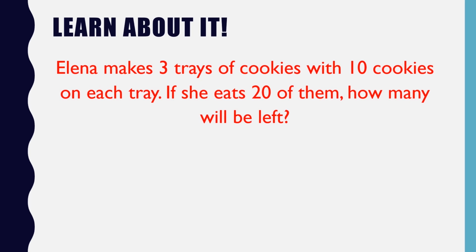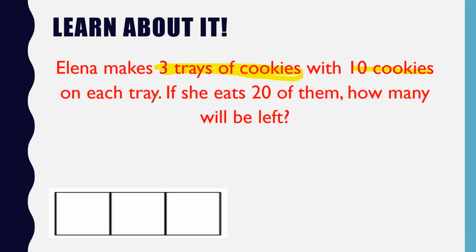We have 3 trays of cookies with 10 cookies on each tray. So the first part would be figuring out, if I have 3 different trays with 10 cookies on each one, kind of like what we did with the bar diagram in the last problem, that total, right?